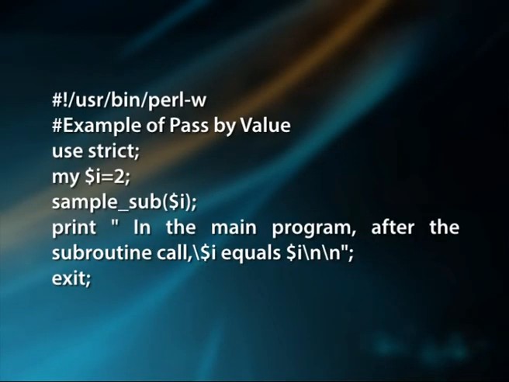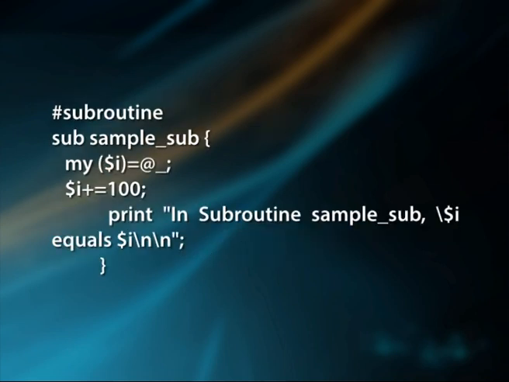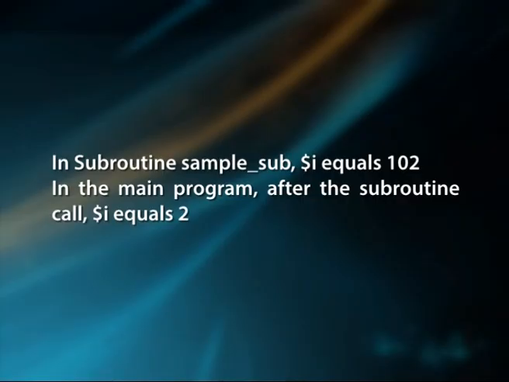Example of pass by value. use strict; my $i = 2; samplesub($i); print "In the main program after the subroutine call $i = $i\n\n"; exit; Subroutine: sub samplesub { my ($i) = @_; $i += 100; print "In subroutine samplesub $i = $i\n\n"; } When executed, the output produced will be: In subroutine samplesub $i equals 102.